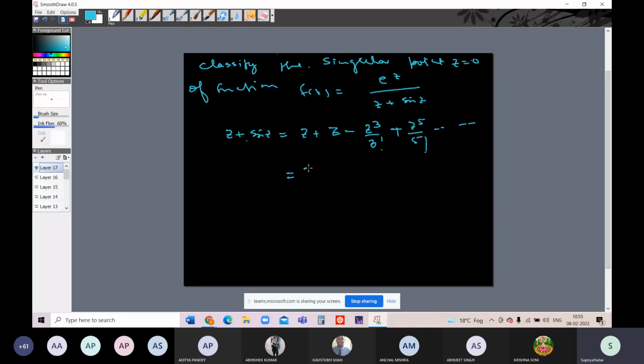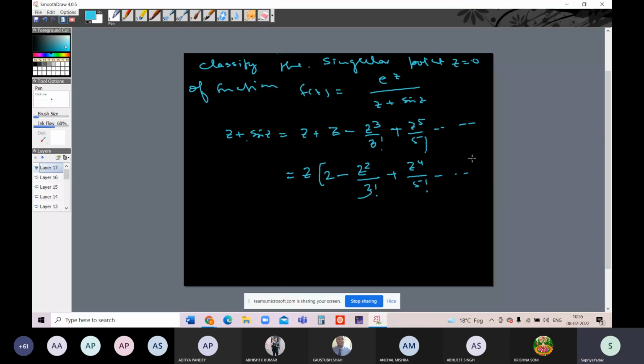This can also be written as z into (1 plus 1 minus z square upon factorial 3 plus z to power 4 upon factorial 5, and so on).